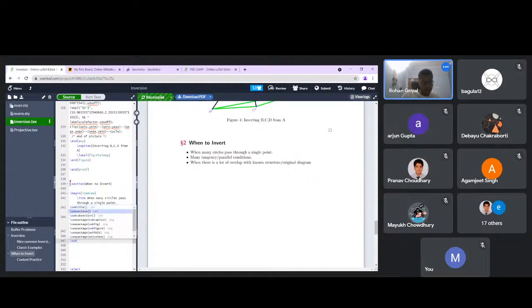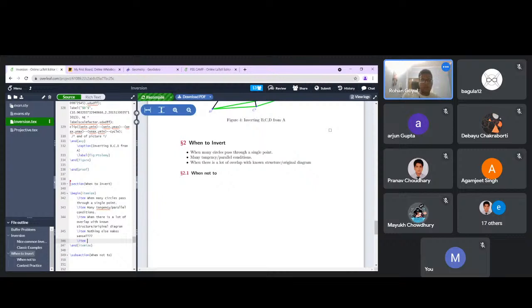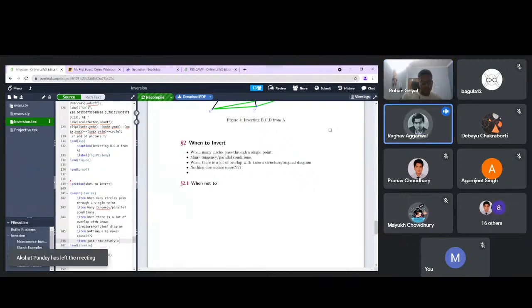Subsection: when not to. This develops as intuition. Intuitively it makes sense too. The Olympiads make such problems which can only be solved by inversion.